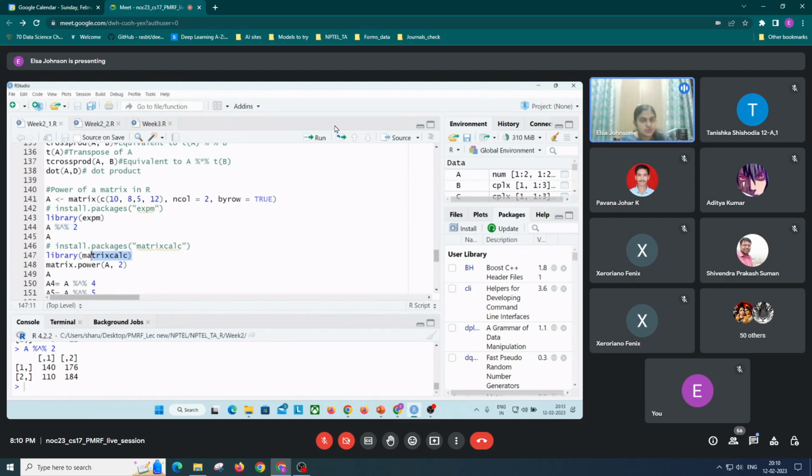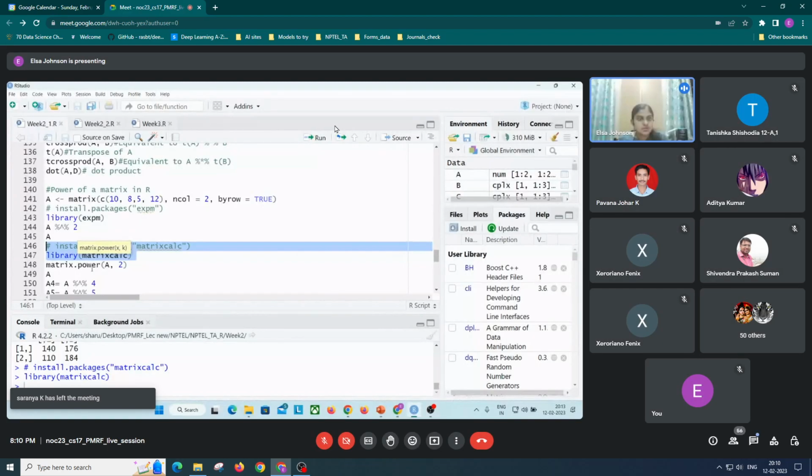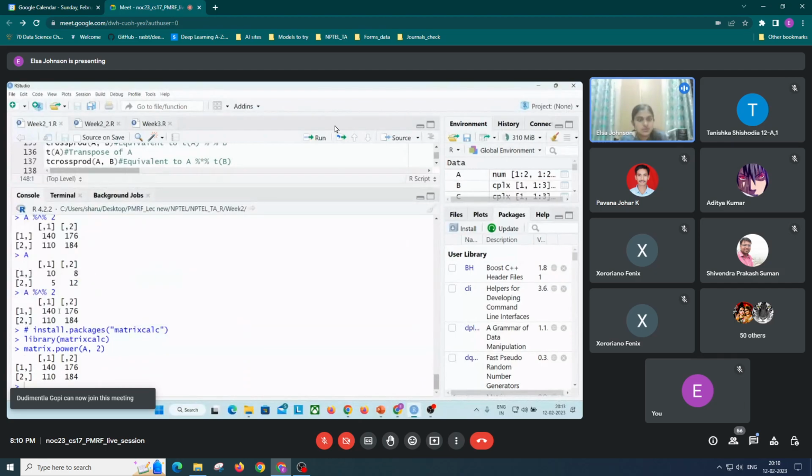You can install the matrix calc library, where the syntax is different: matrix dot power a comma 2. It will give you the same answer. Both are different libraries with different syntaxes, but the same result. So you can look at these two libraries for finding the power.